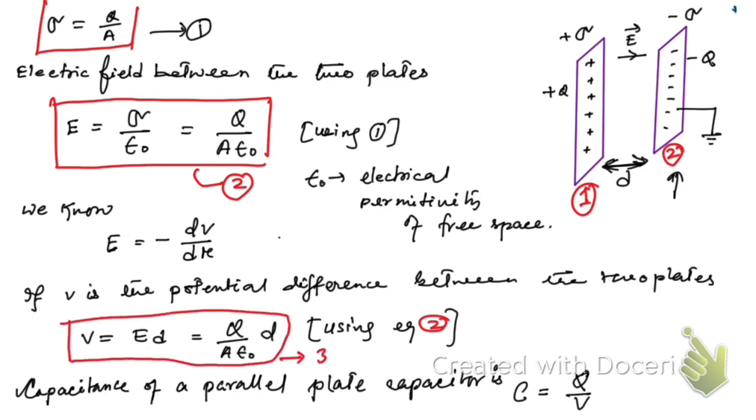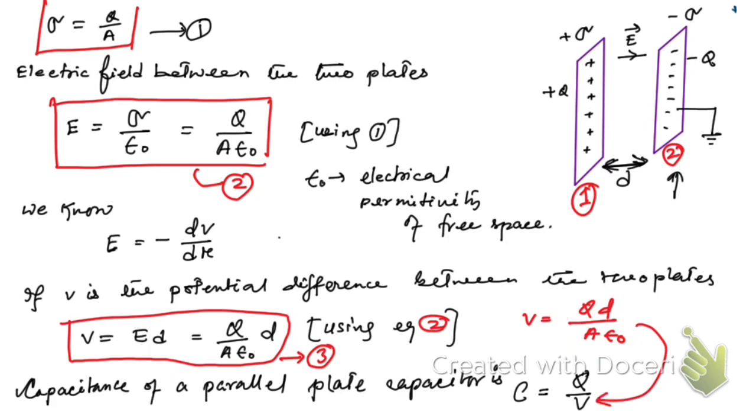Now we're going to use equation number 3 in this. From equation number 2, V is equal to Q d by A epsilon naught. Let us replace V with this value.